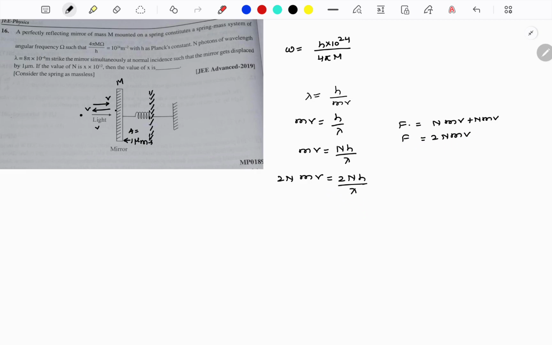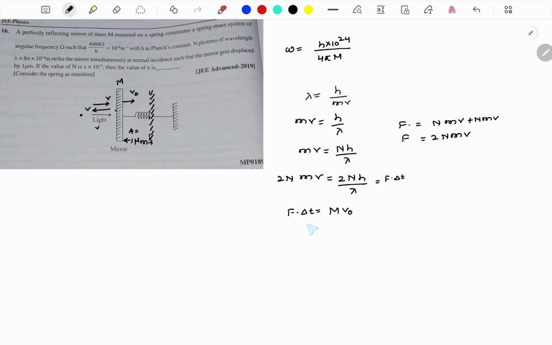This is the impulse transferred, f delta t, and because of this impulse, the mirror starts to move with certain velocity. Say now this f delta t is equal to capital M into velocity v naught.